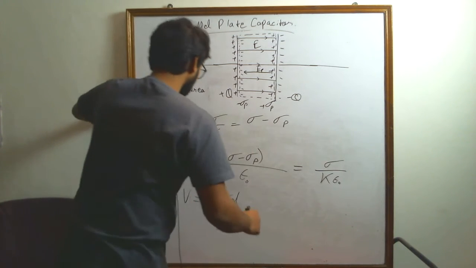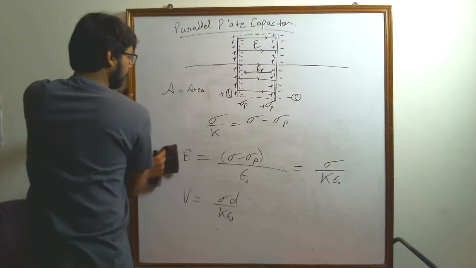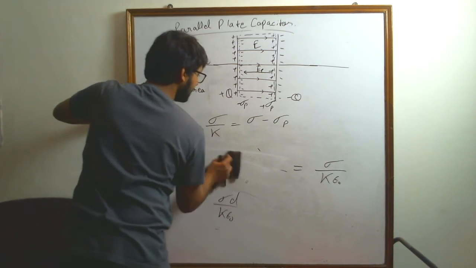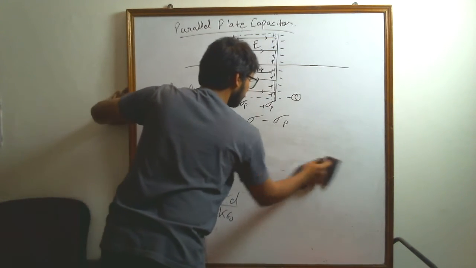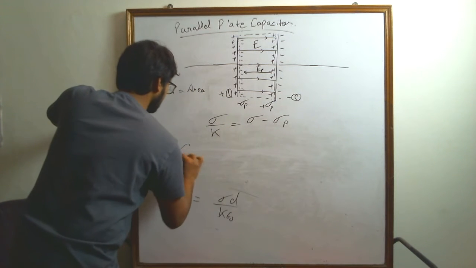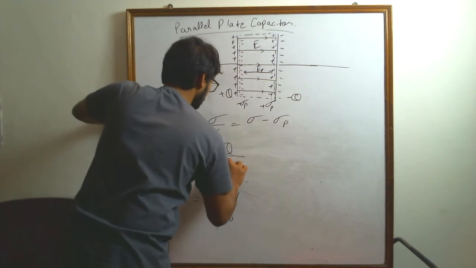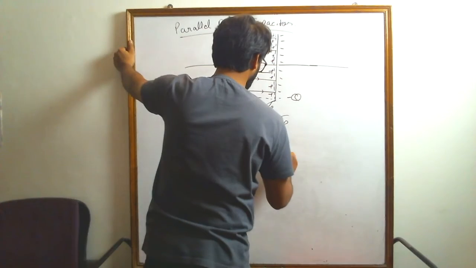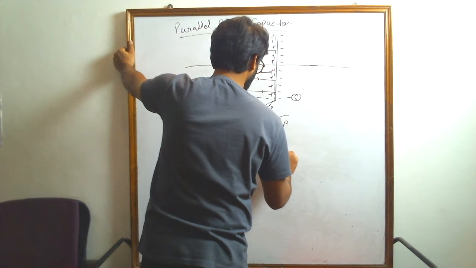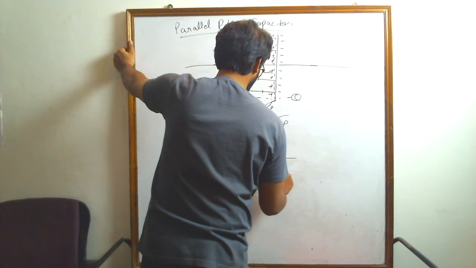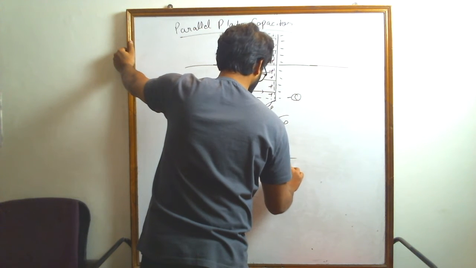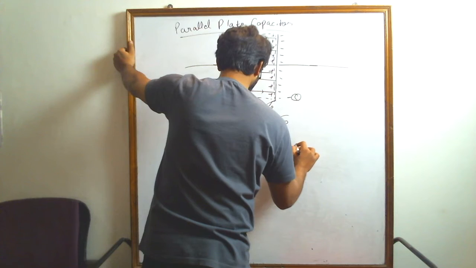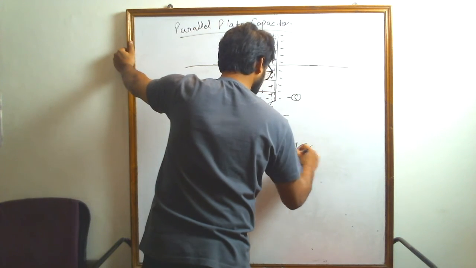And therefore my capacitance will be equal to Q upon V, which is equal to Q upon sigma D upon k into epsilon naught.